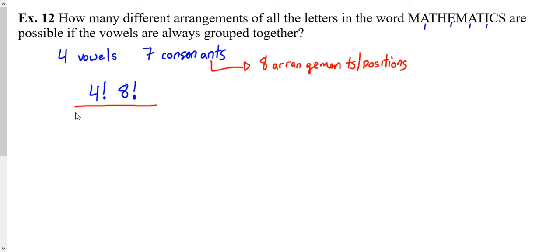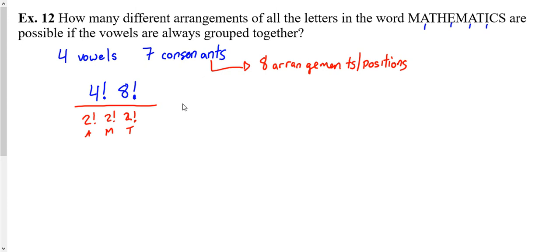Now we're going to divide off all our repetition. Well, I see A's, I see 2 of them, so I'm going to go with 2 factorial, and that one's going to represent my A's. I see M's, so that's 2 factorial, that's going to be my letter M's. And I see the letter T, so that's 2 factorial, and that's going to represent my T's there.